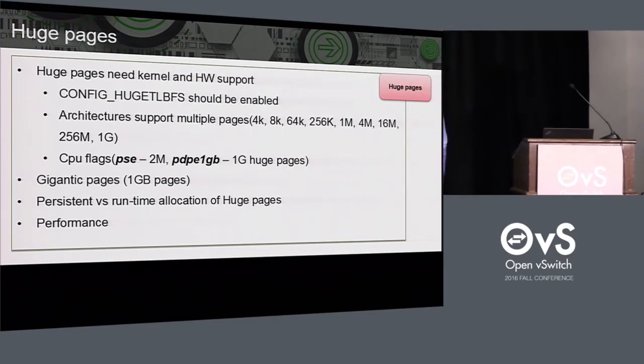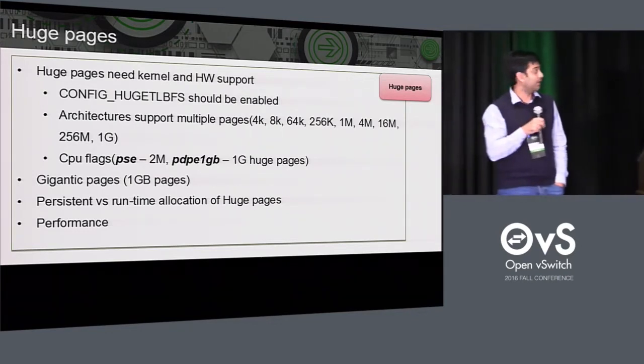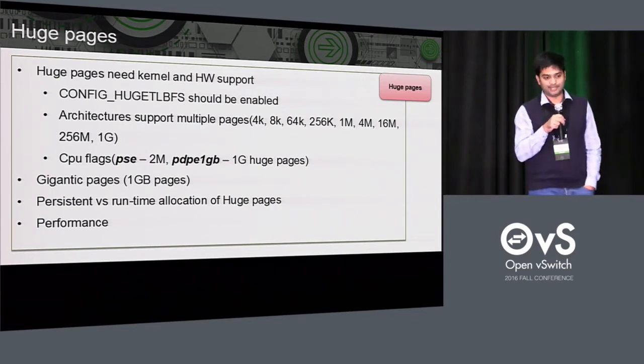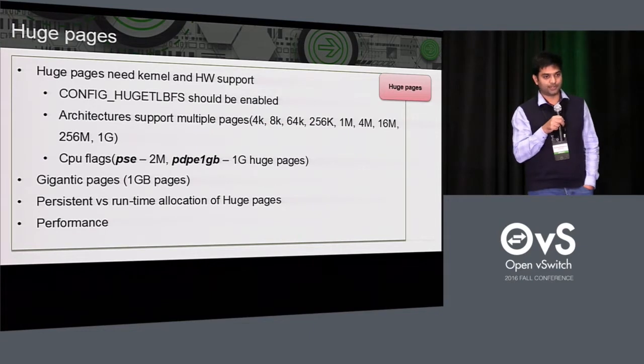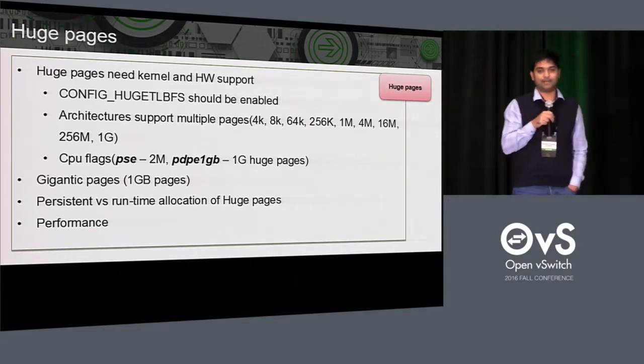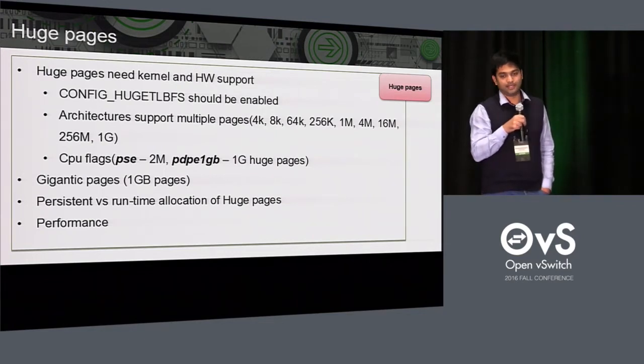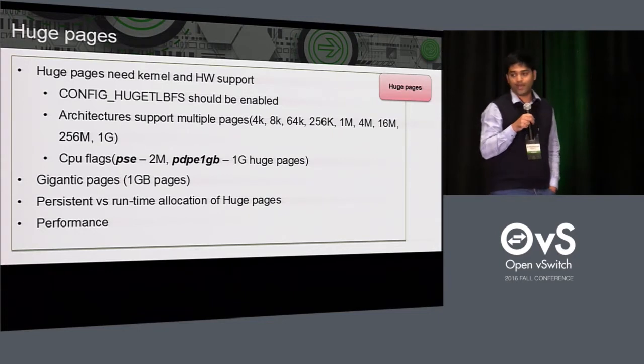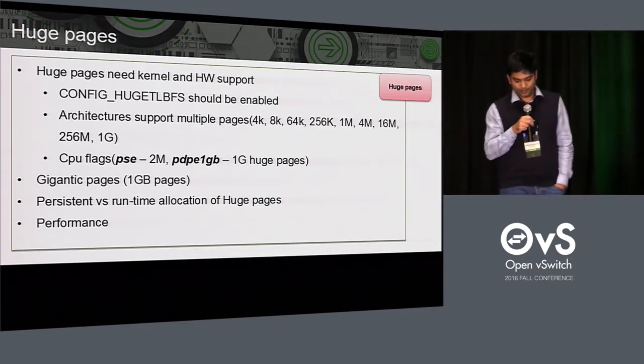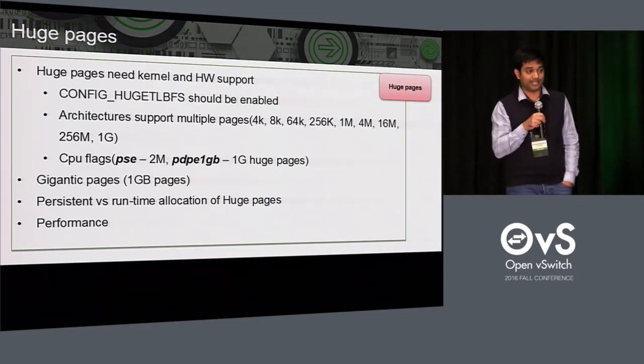Huge pages, as the name implies, are really large pages in the sense they are several times larger than the standard pages. Take the example of the 2 meg page, which is 512 times larger than the standard 4 KB page. And if you take the example of 1 gig page, that's a whopping 260,000 times larger than the standard page.